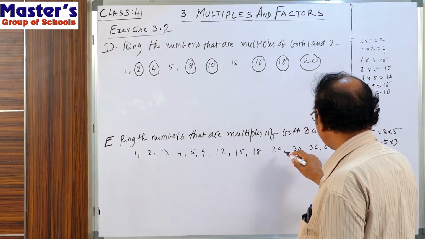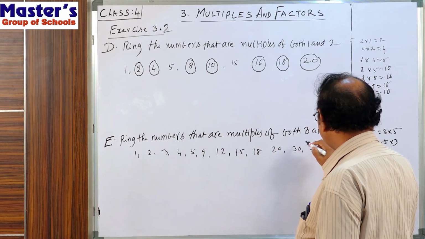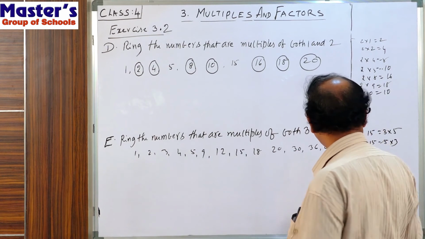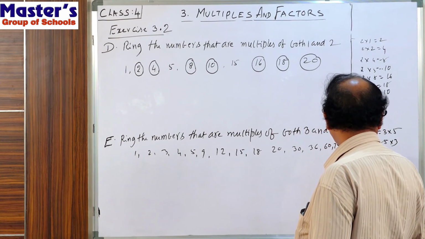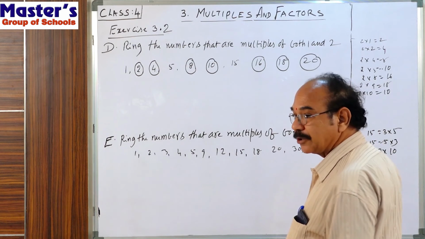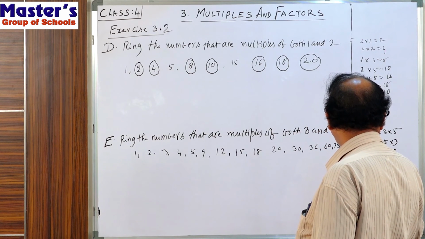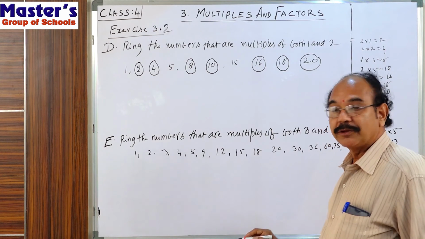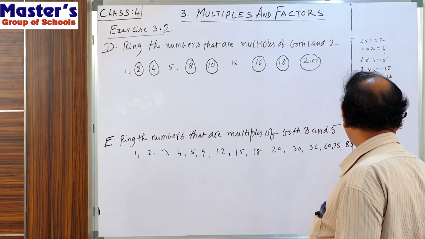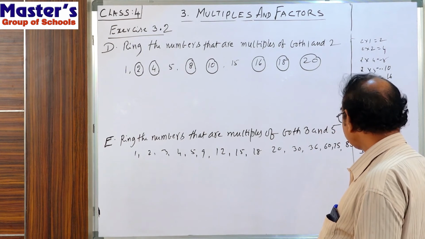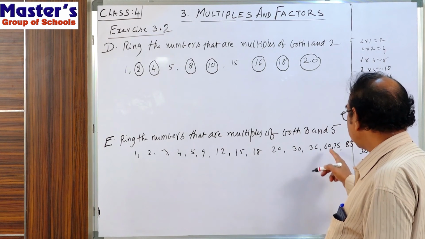Next one you see here. 30 you take. 3 tens are 30. And with the 5 table you tell. Here 5 sixes are 30. Next, 60 you take.